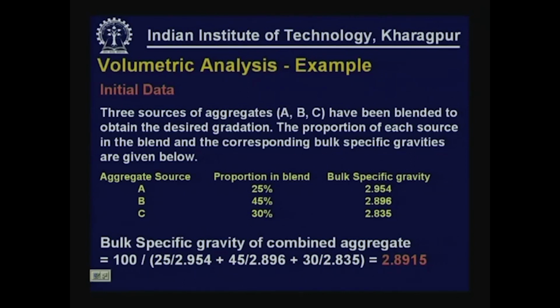These have been measured. So, the bulk specific gravity of the combined aggregate will be 100 divided by 25, the proportion of aggregate A in the blend, divided by the corresponding bulk specific gravity 2.954, plus 45 by 2.896, plus 30 by 2.835. So, the bulk specific gravity of the blended combined aggregate is 2.8915.